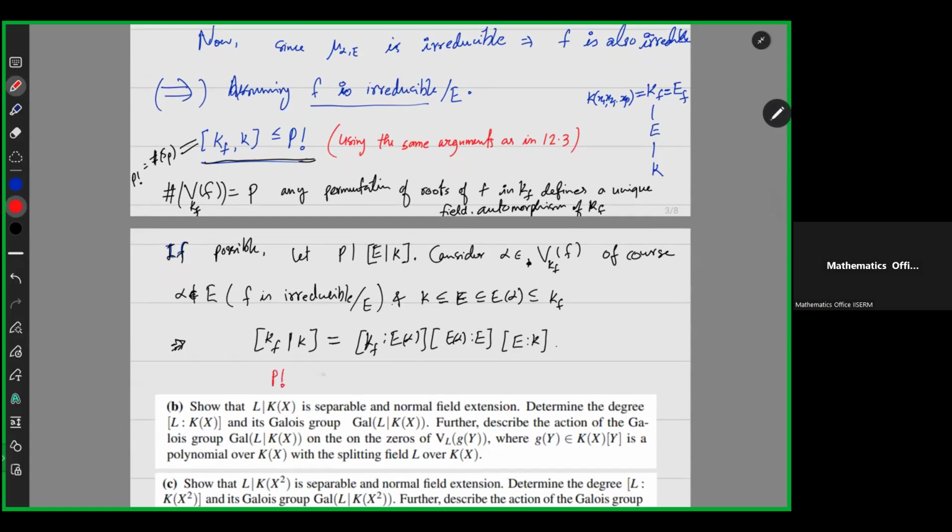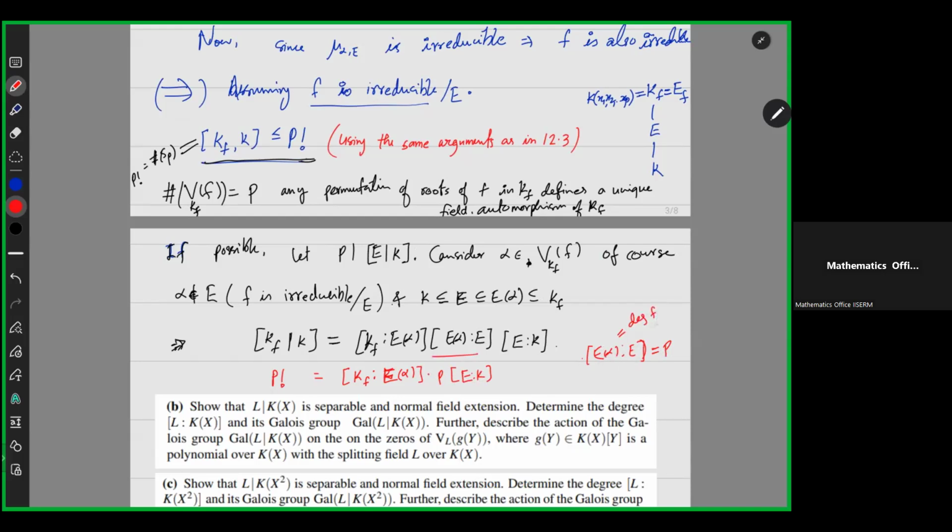This is p factorial into KF over E alpha, into E alpha over E, into E over K. E alpha over E is p, because this is equal to the degree of f.